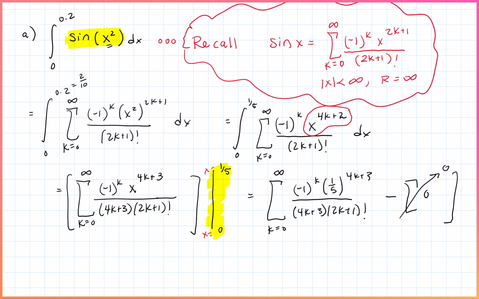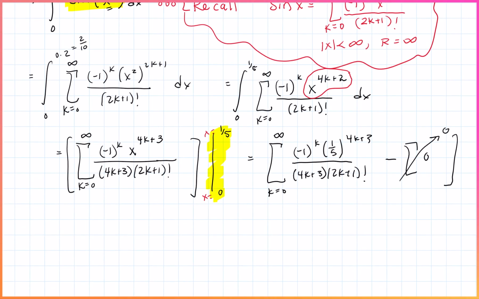We're just subtracting 0. So this definite integral has boiled down to the power series from k equals 0 to infinity of negative 1 to the k. Now the 1/5 to the 4k plus 3 is going to drop to the denominator as 5 to the 4k plus 3 times 4k plus 3 with all the other constants that are in the denominator, 2k plus 1 factorial.